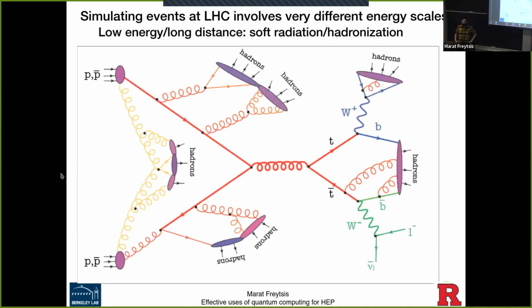And then, of course, all of those states themselves, at least when they involve QCD, have soft radiation and hadronization that receives large non-perturbative corrections or is intrinsically non-perturbative. And for that, at the moment, we have just various phenomenological models that we mostly just tune by fitting the data.